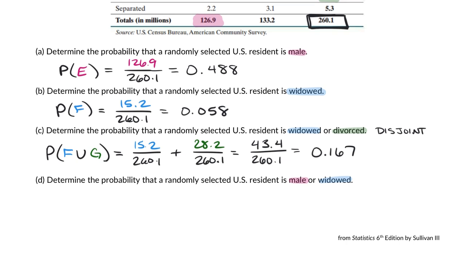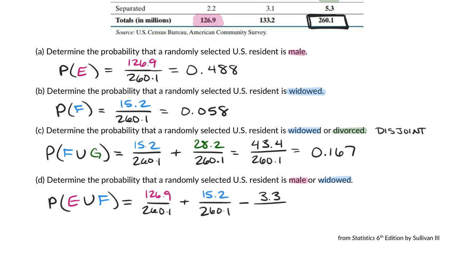Good question. If we're doing this one, this one is going to be the probability of E or F. We will have to do the subtracting because we want to do the probability of E, which is 126.9 over 260.1, plus the probability that we are widowed, which is that 15.2, and then we're going to subtract the overlap, which is 13.3 over 260.1, because that's what we have double counted if we're counting both the males and the widowed row.